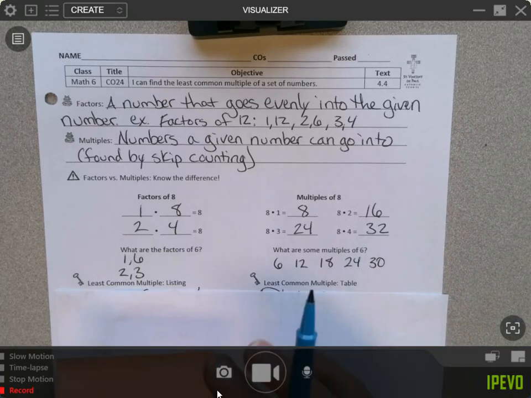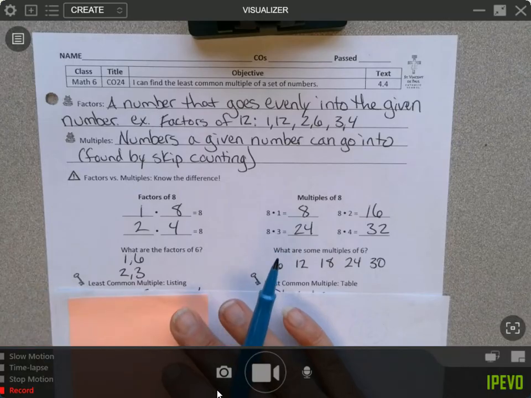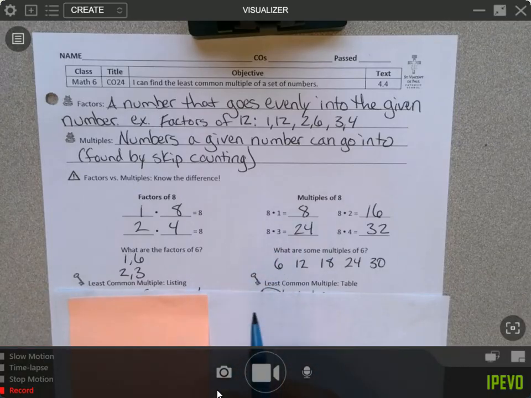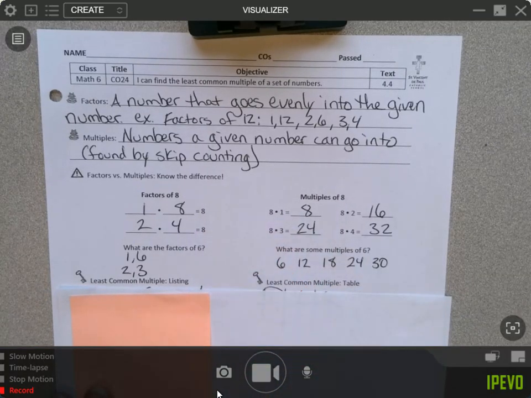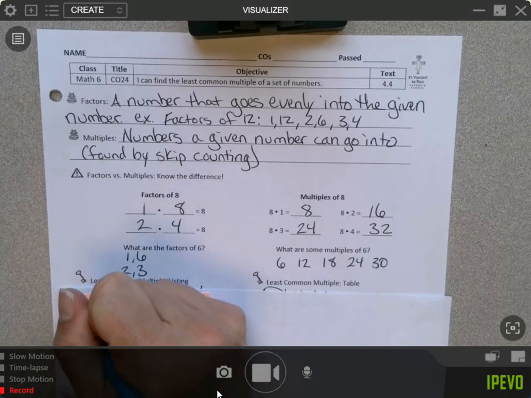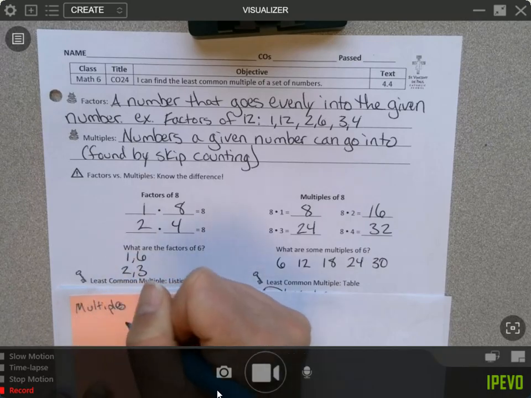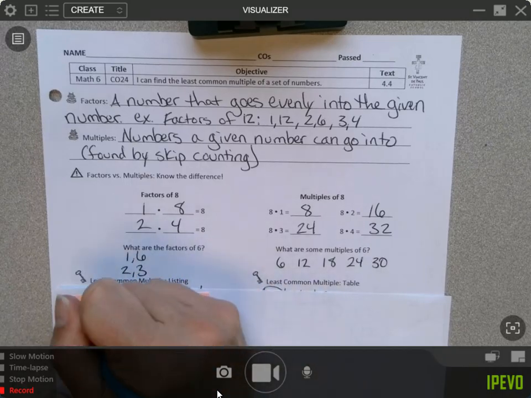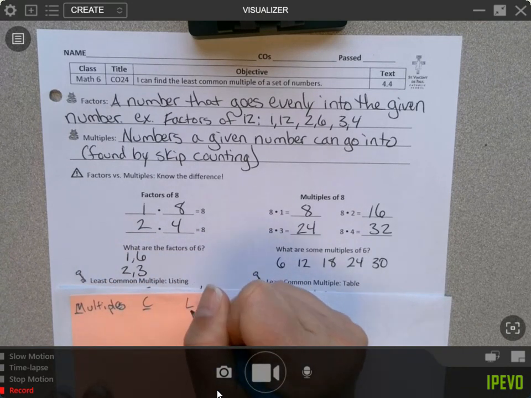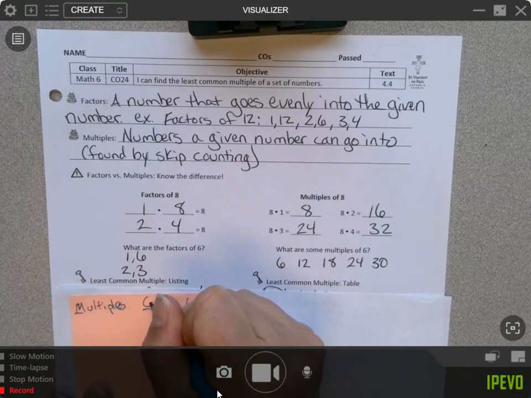So our first one here, for least common multiple, the first step you want to do is write the multiples. Then we find what they have in common.